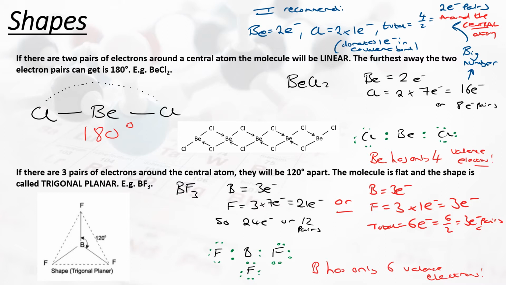So in those shared covalent bonds there, we have 3 from the fluorines, so we end up with 6 around the boron. And then we can use up all of our other pairs by just making sure that each of the fluorines has 8 valence electrons, i.e. 3 lone pairs. And again, this is an example where we don't actually have an octet here because the boron only has 6 valence electrons.